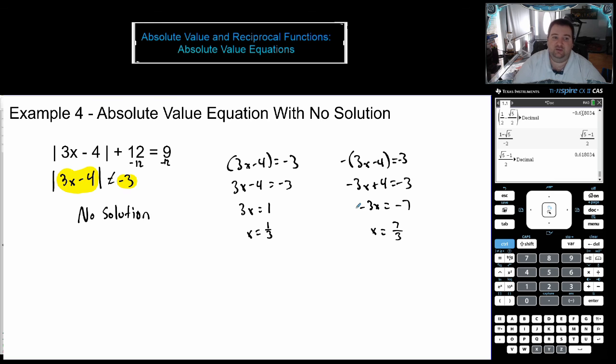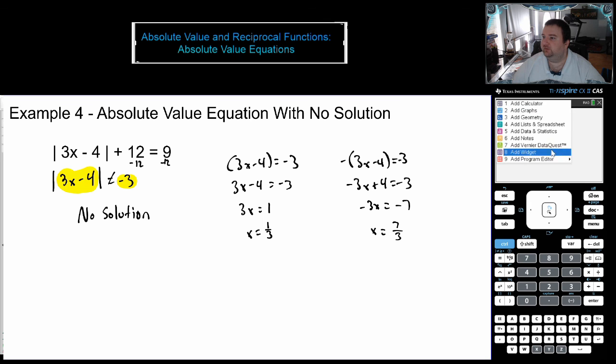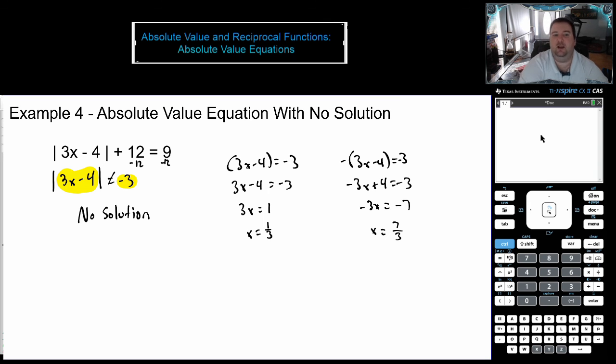If we test our solutions, just to speed things up, we're going to plug them into our calculator. So we have 3 times 1/3 minus 4. That's what's inside our absolute value expression.